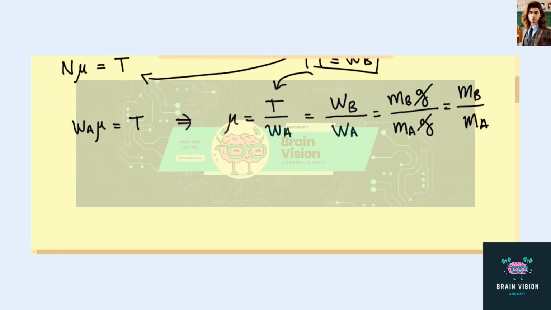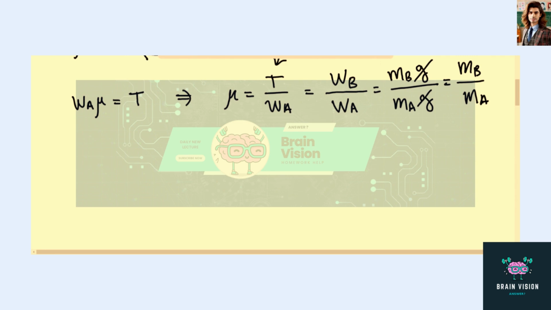Putting in the values for this problem, mB is 25 kilograms and mA is 45 kilograms. So the coefficient of friction is equal to 0.56.